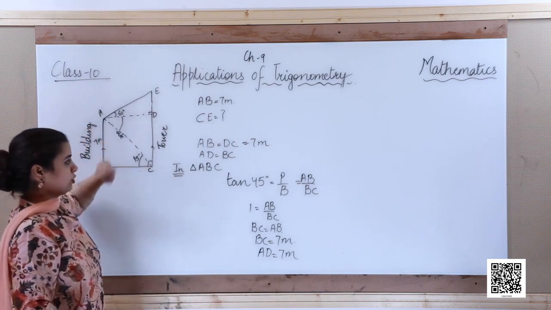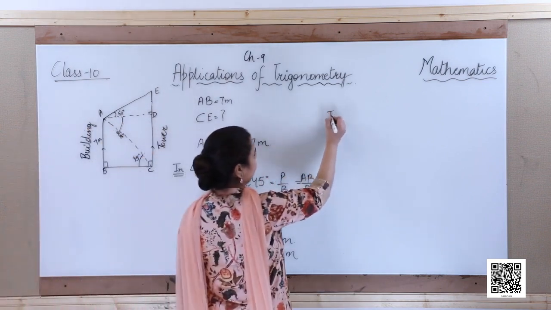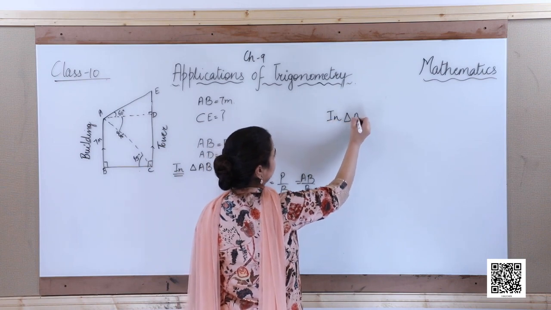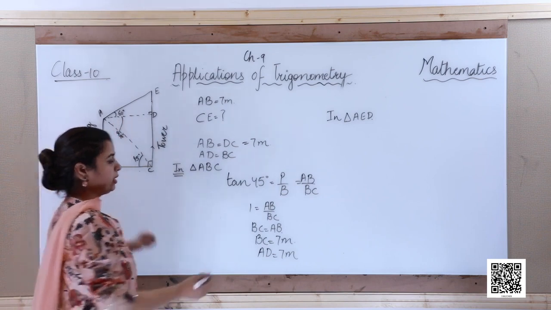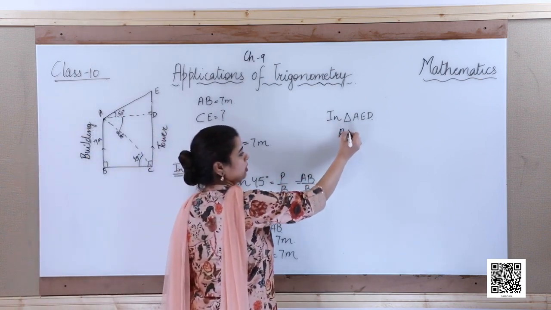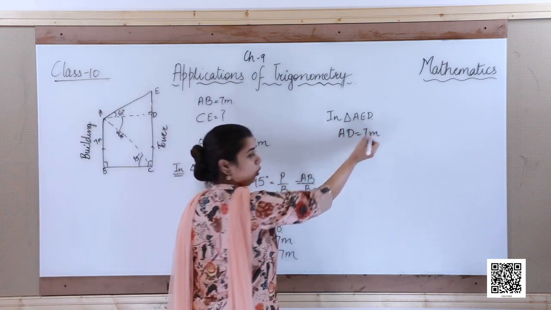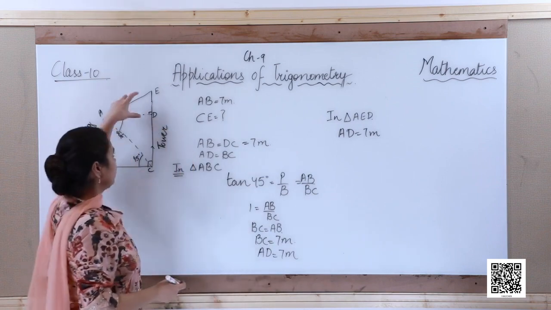Now let us move to this triangle. In triangle AED, I know that the value of AD is equal to 7 meters. I want the length of ED.